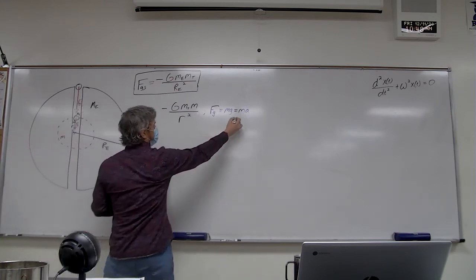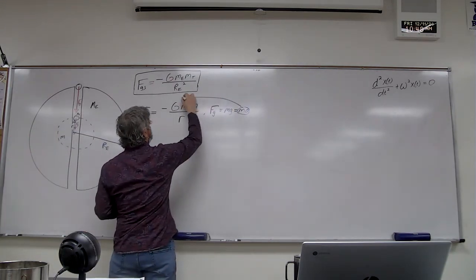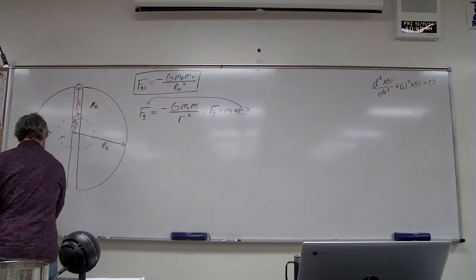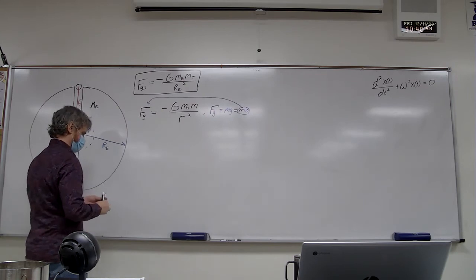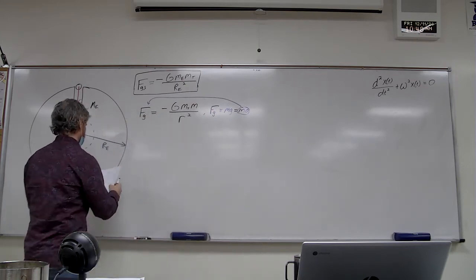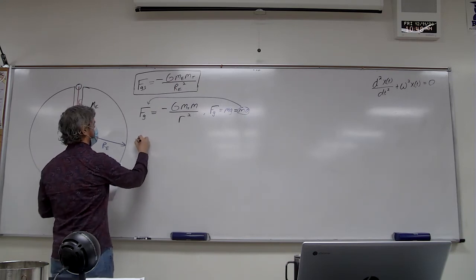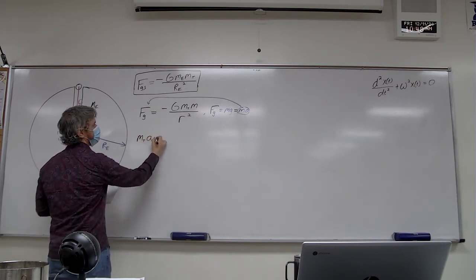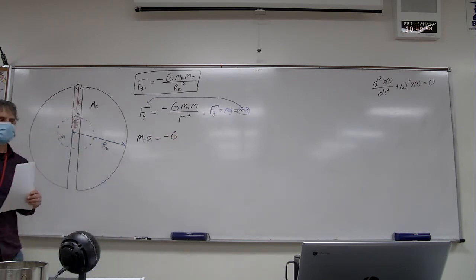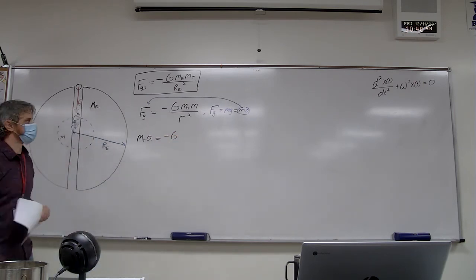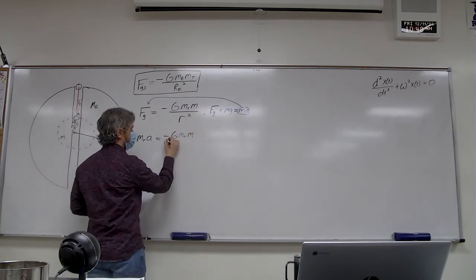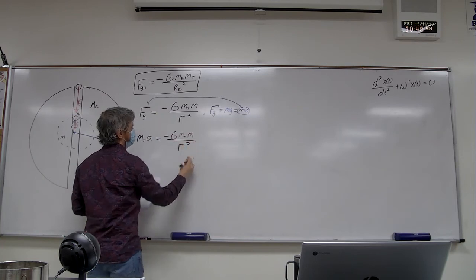So I can take that ma and put it in over here. And when I do that, I'll get mass of Trenton times his acceleration equals negative, and we expect the acceleration to be negative because it's down, and we're making our measurements from the center of the Earth, times mass of Trenton times the mass of the sphere of influence over r squared.